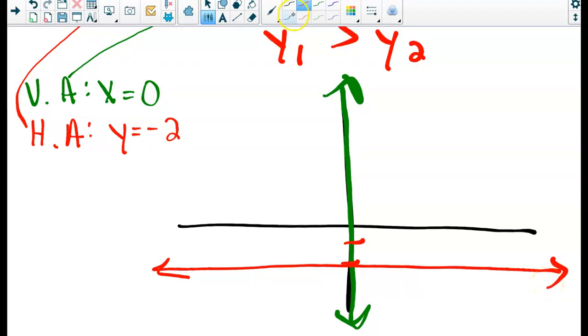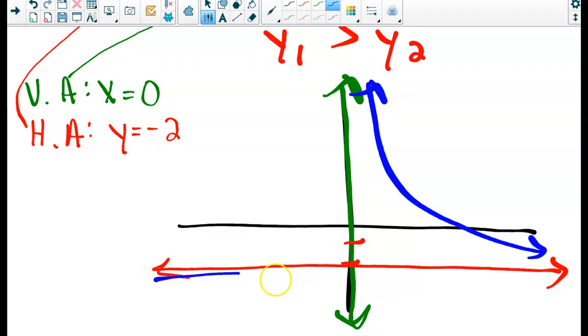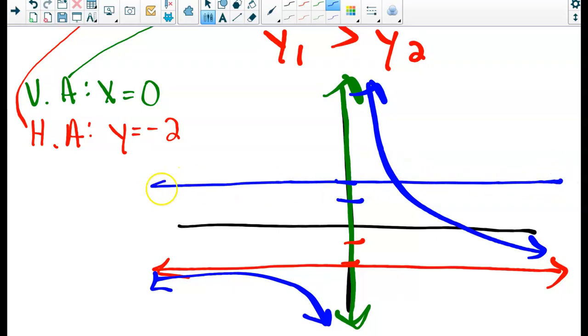And then if I look at my calculator, I can see where I'm drawing this. So this first one is going to go right here. The second one's going to go down here, hyperbola. And then my y2 is the horizontal line, y equals 2. So that's going to go right there.